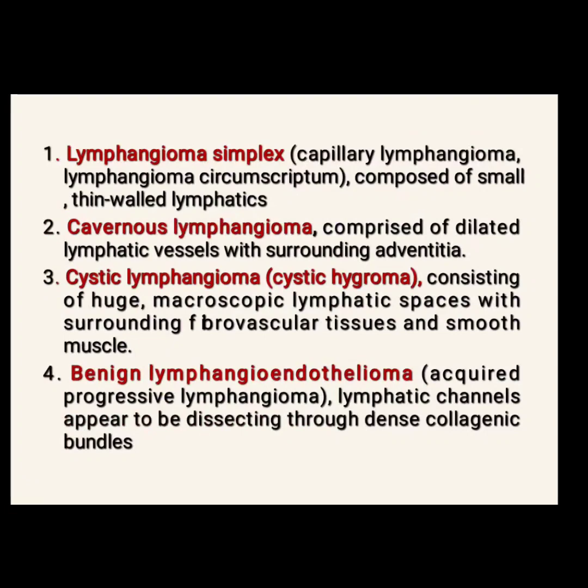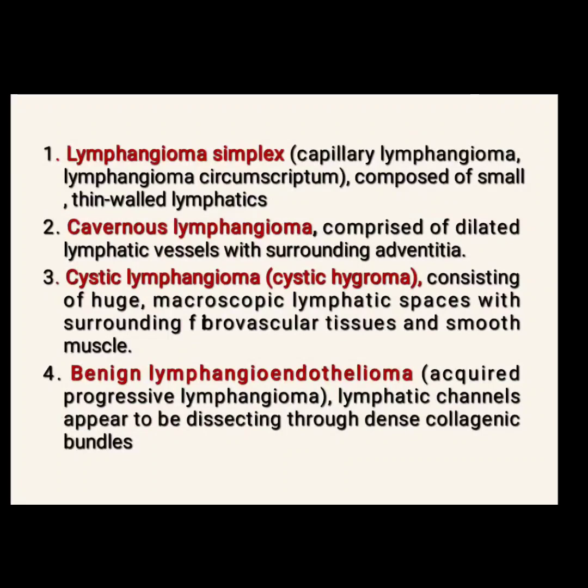The first one is lymphangioma simplex, also known as capillary lymphangioma. In lymphangioma simplex we will see small thin dilated lymphatics. In cavernous lymphangioma we will see dilated lymphatic vessels.